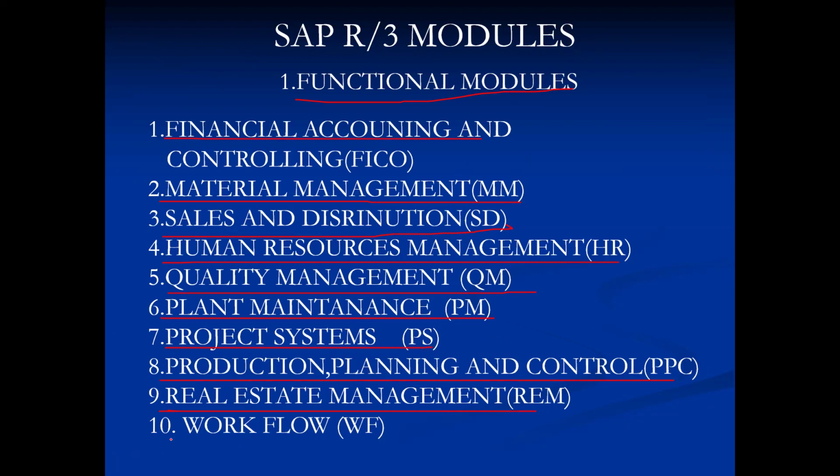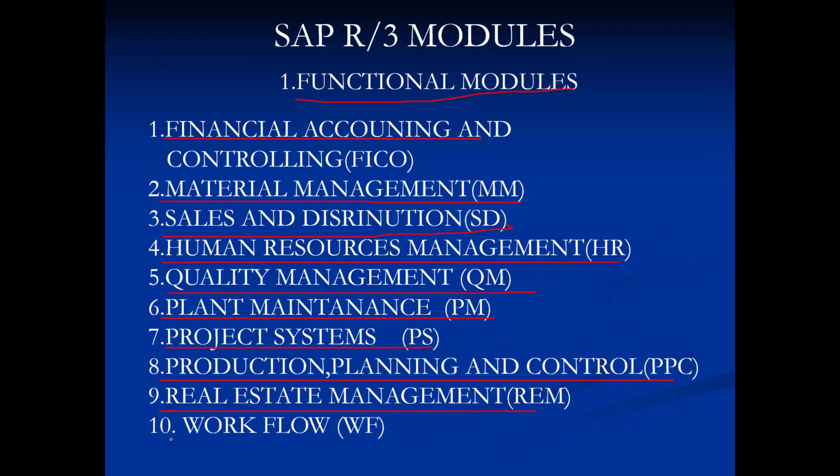Like that, there are different modules on the functional side. And each module itself is a fully developed software. We don't write even a single line of programming in these modules.